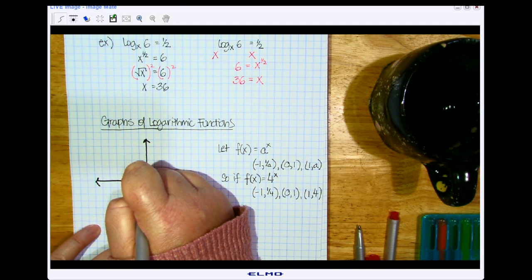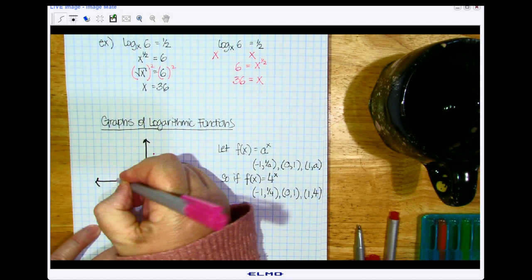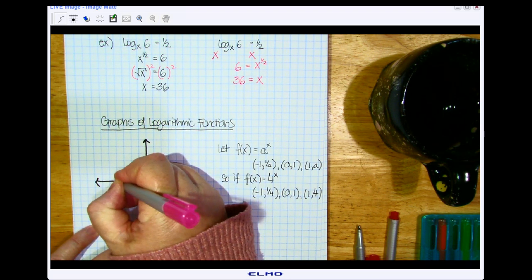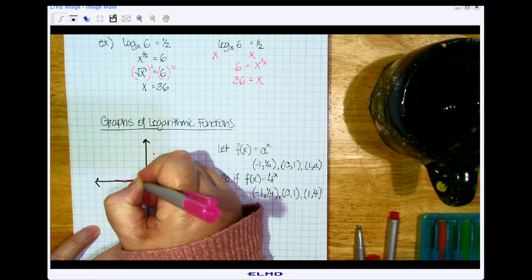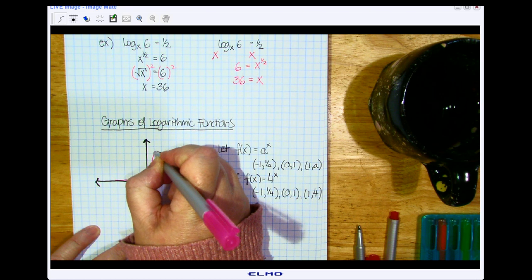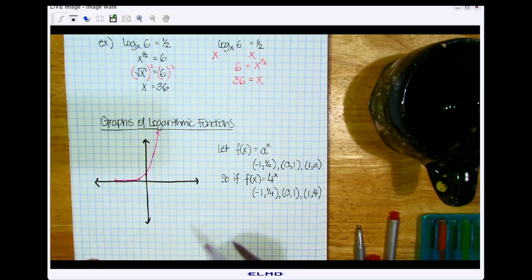So we'd have a -1, 1/4, 0, 1, and 1, 4. And our exponential function looks something like this. And it went all the way up to 16 and it came down.